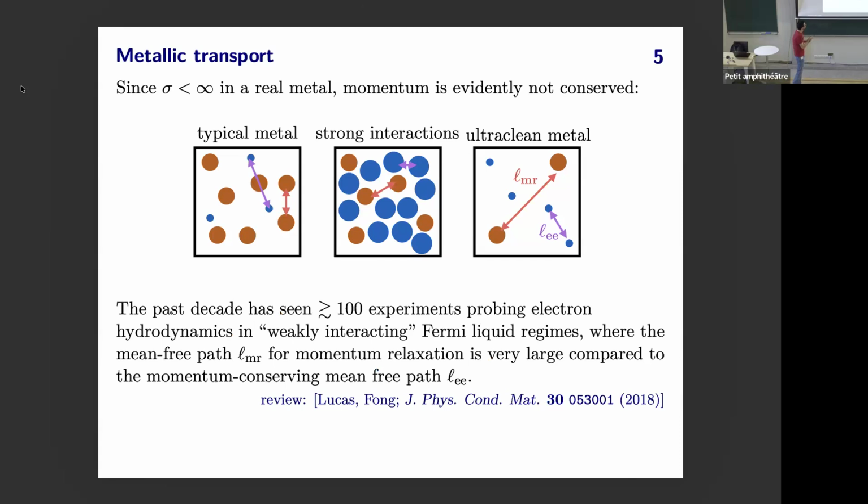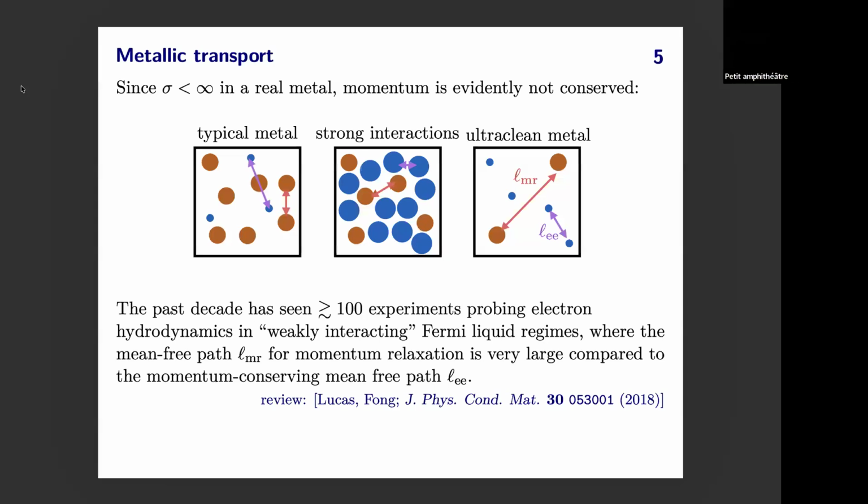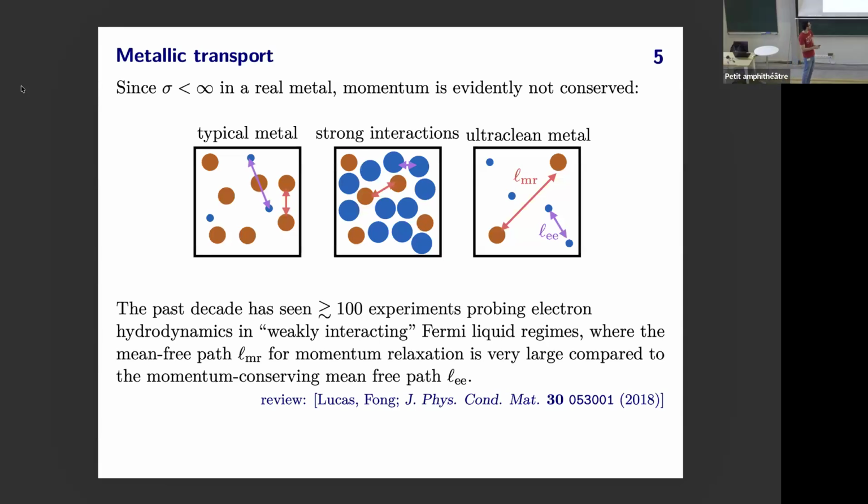But today I'll basically be focusing on another possibility, which turns out to be easier to realize and to quantitatively connect with experiments. If it's a little bit less inspired, you could just sort of ask a material synthesis friend to do better and to make a very high quality material with few impurities.